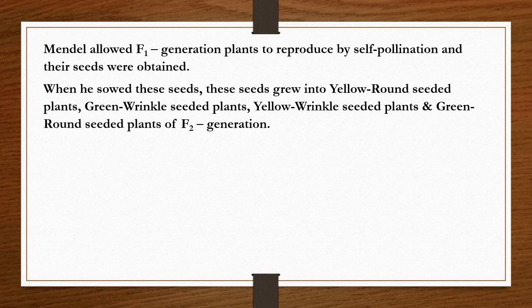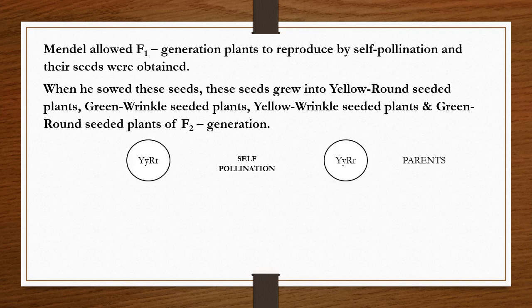Mendel allowed the F1 generation plants to reproduce by self-pollination and obtained their seeds. When he sowed the seeds, they grew into yellow round seeded plants, green wrinkled seeded plants, yellow wrinkled seeded plants, and green round seeded plants of the F2 generation. So he self-pollinated the F1 generation plants.